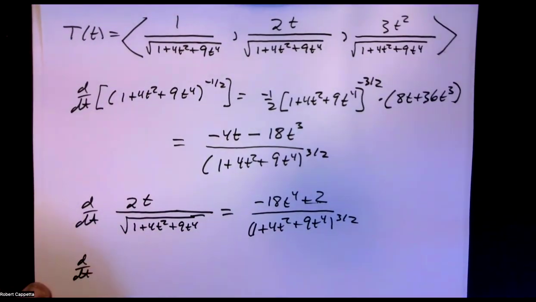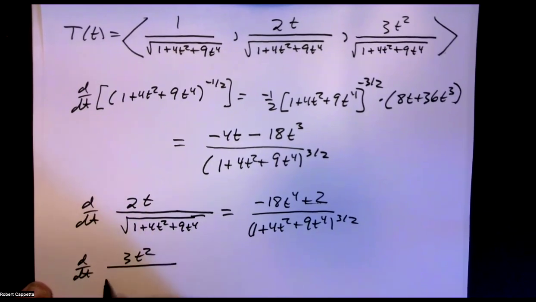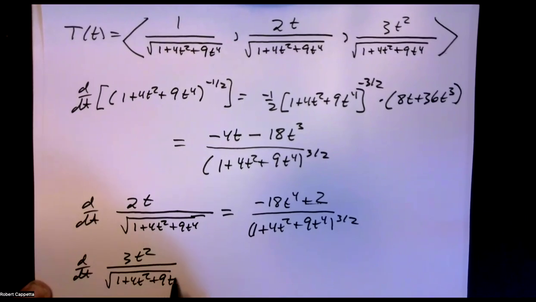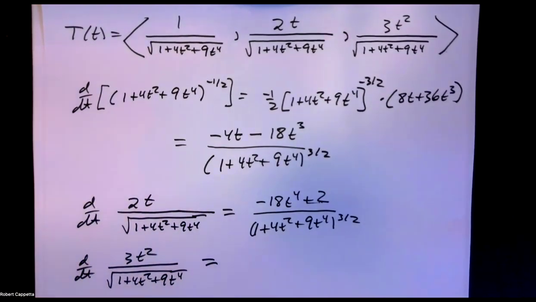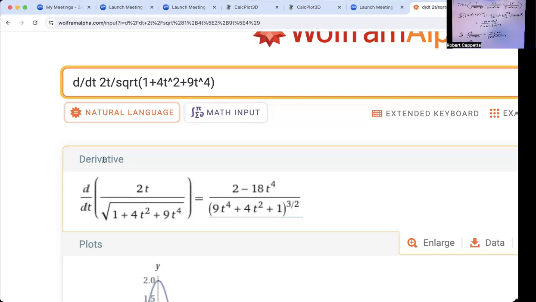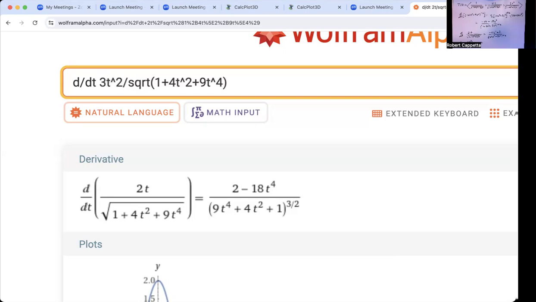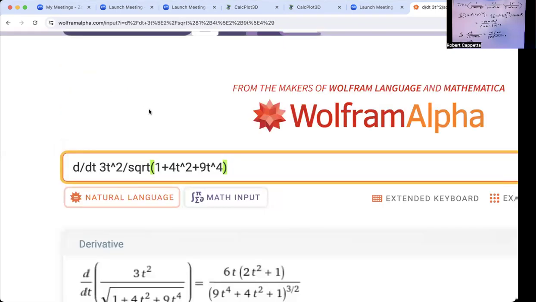What is the derivative with respect to t of 3t squared over the square root of 1 plus 4t squared plus 9t to the fourth? Again, another job for an app. So let's jump back to Wolfram Alpha and see what we get here. What does that give me?